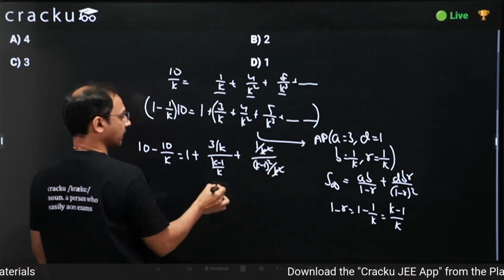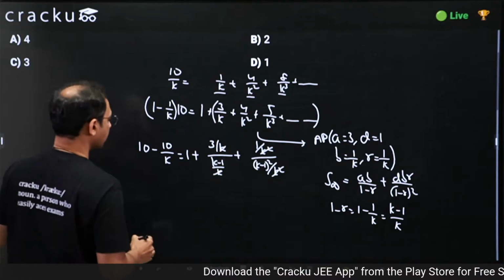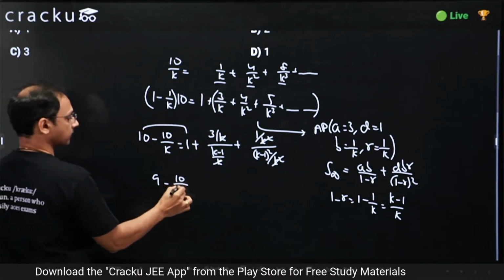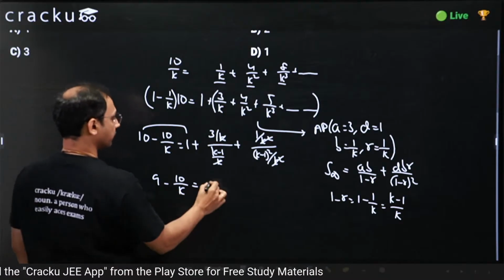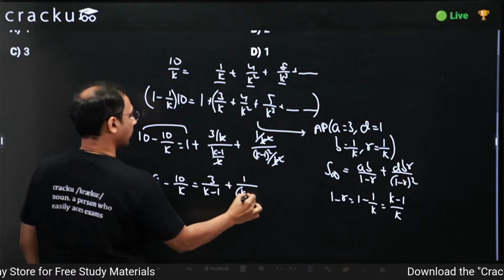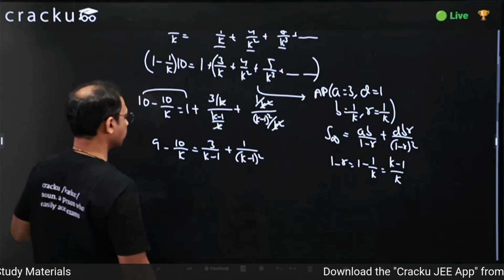So k squares will get cancelled here, k will get cancelled here. So 10 minus 1 is 9 is equal to 3 by k minus 1 plus 1 by k minus 1 whole square.